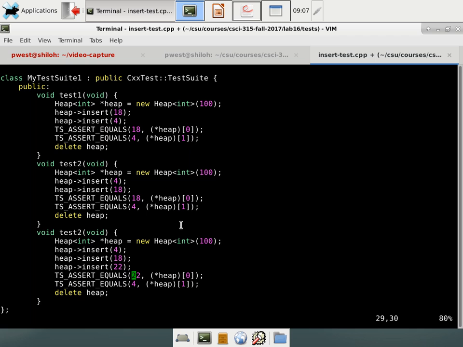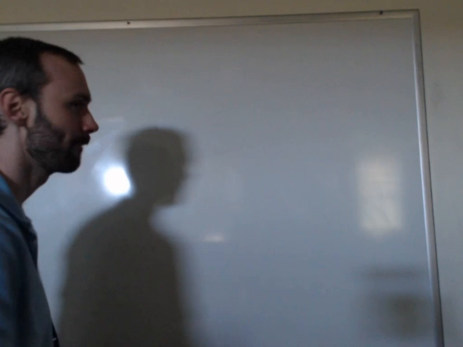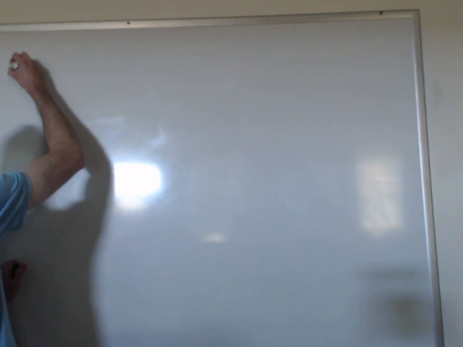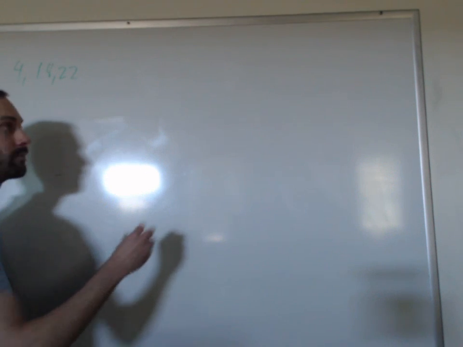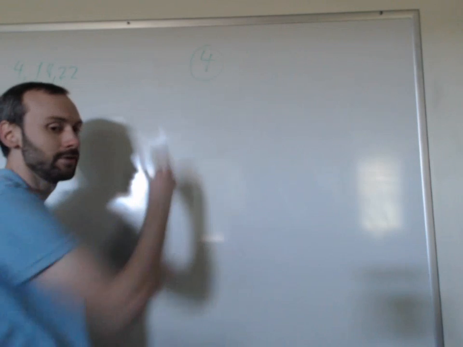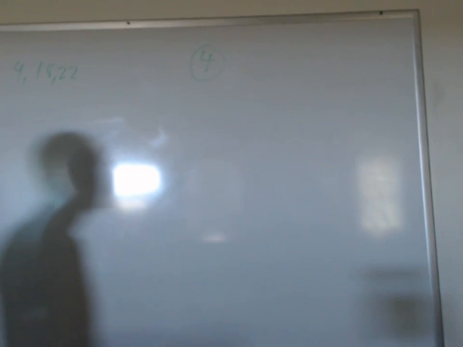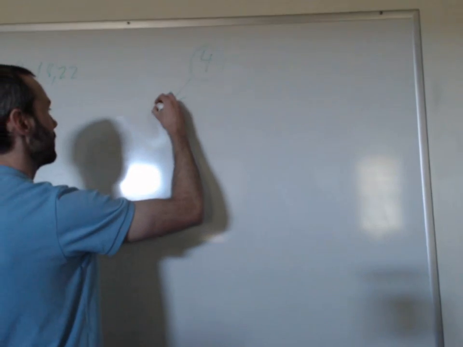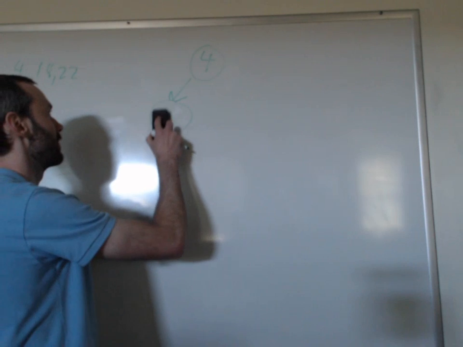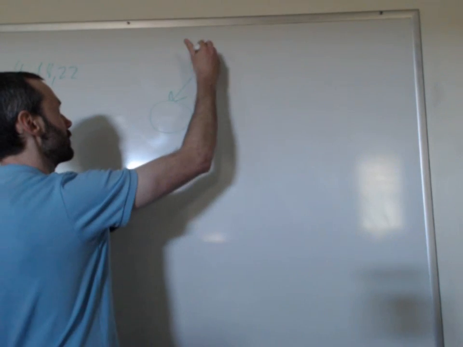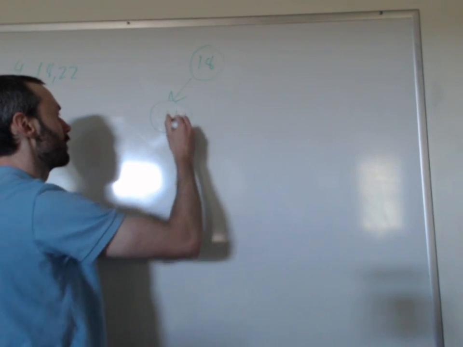Then what should be the next number? Let's think about this. It could be either one, and this is where trying to test the heap starts to get a little tricky. But we're adding 4, 18, and 22, right? So we start with 4, and we're good. Next we're going to add 18. Do we need to do anything? You sift it up. 18 and 4.